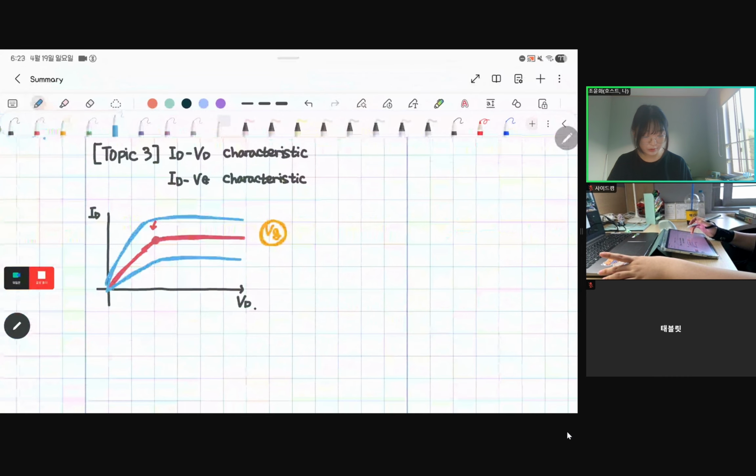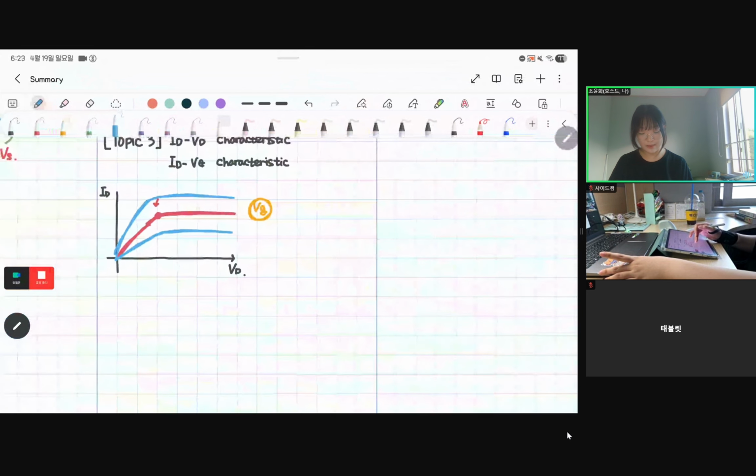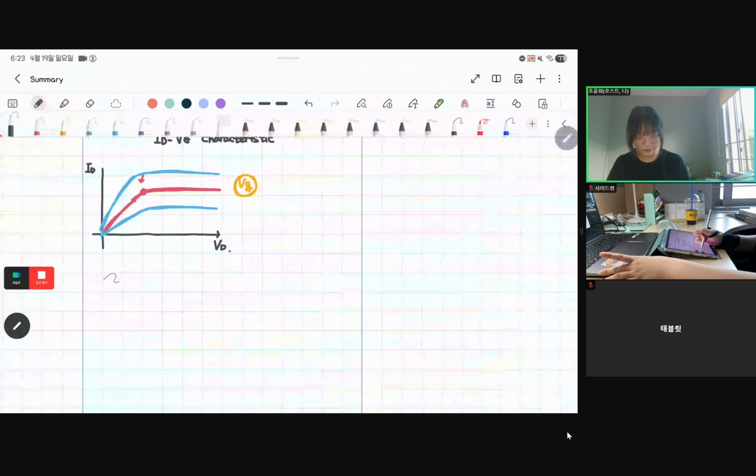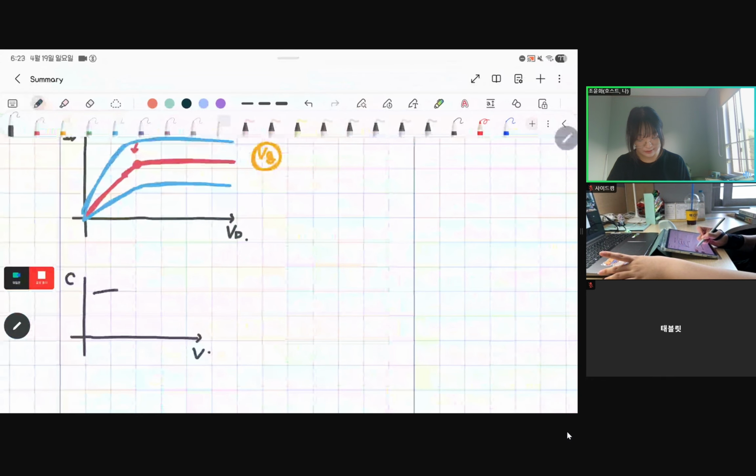And we can draw the ID versus gate bias characteristic. Last time we learned about the CV characteristic, and we can draw the CV characteristic like this.